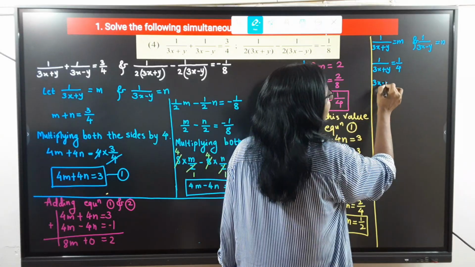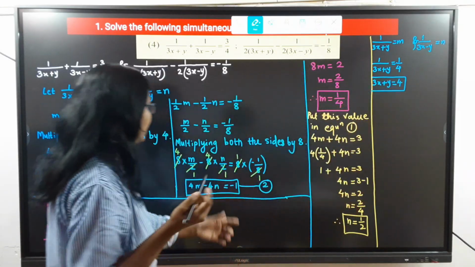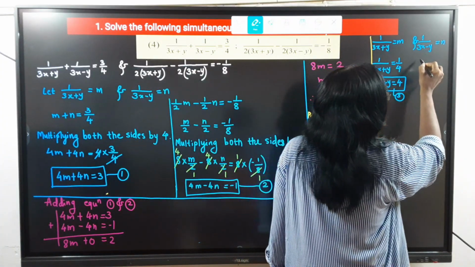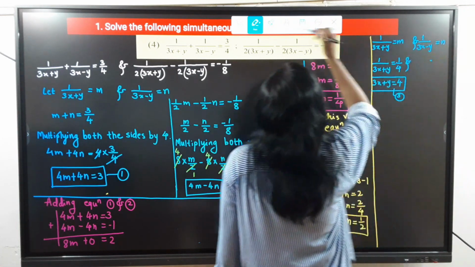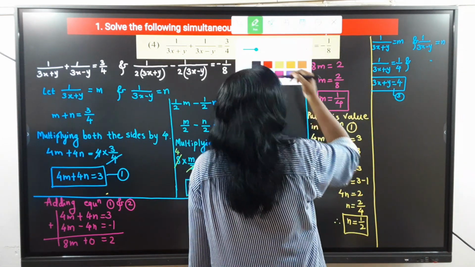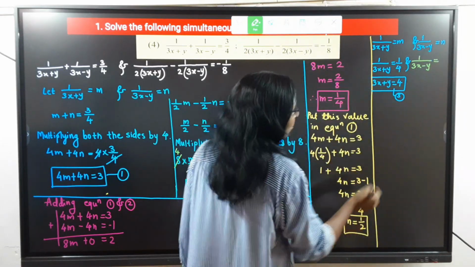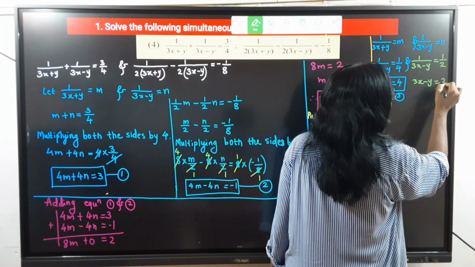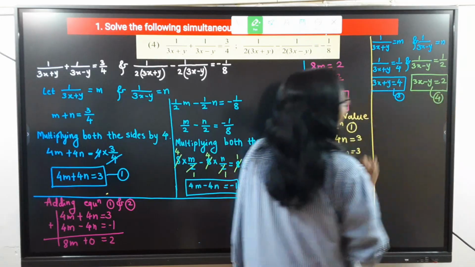Therefore 3x plus y is equal to 4. This is the third equation. And 1 upon 3x minus y is equal to 1 upon 2. Therefore 3x minus y is equal to 2. We call it the fourth equation.